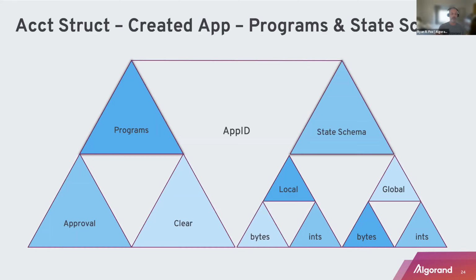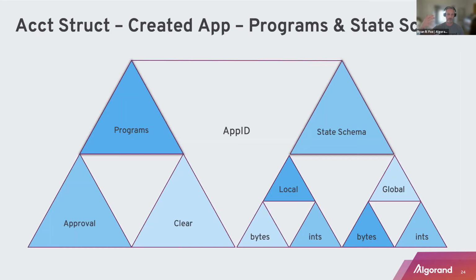All right, on the right-hand side, we see the state schema. And the state schema is also defined and is immutable, cannot be changed when the application is initially created. What it is defining is how much storage to allocate either on the local side within the user's space or on the global side within the application itself.